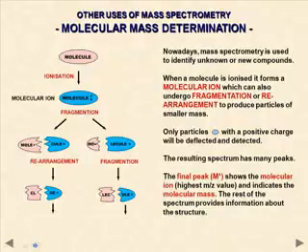Although we won't be discussing it in this unit, and this is the subject for chemistry study in college, they do use mass spectrometers to analyze molecules. I just wanted to show you in general what this is, that we don't just use these for atoms. Basically, you can make ions out of molecules as well. Again, all it means is it has a charge.